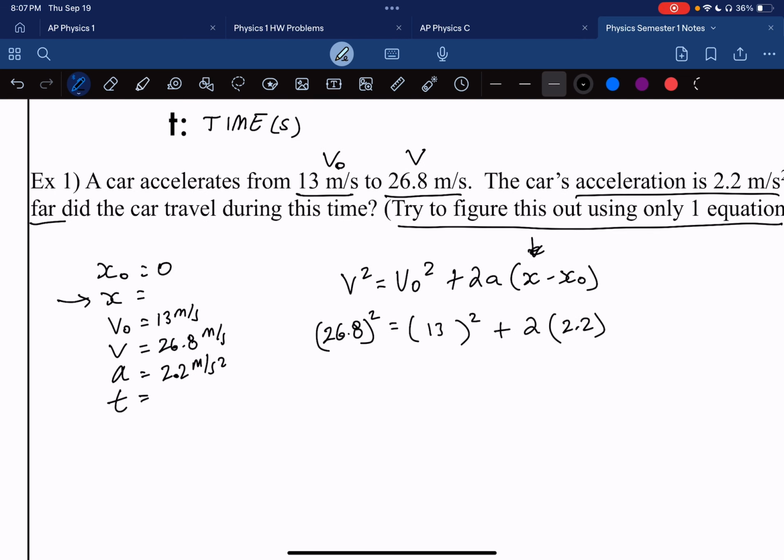X is unknown, so we're going to leave it as x. X naught is 0, so I'm going to cross it out. What is x minus 0? What is anything minus 0? Well, it's that anything. It's whatever that is, right? So just leave it as x, and that's the way I've written it here is already done.